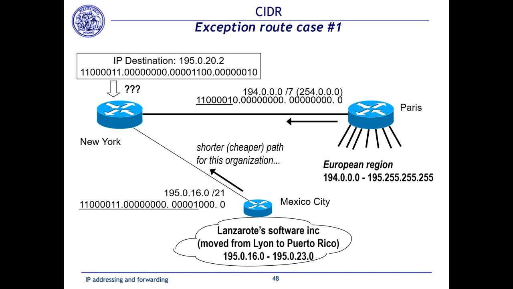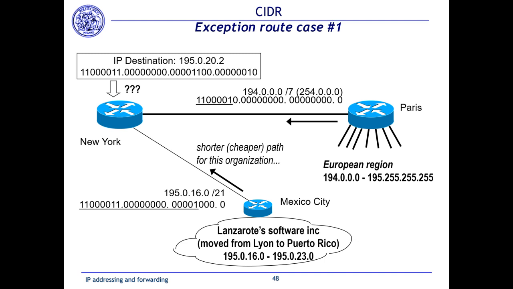So when the packet arrives at the router in New York, since the address belongs to the block of addresses of the European region, it will be sent to Europe. Once it arrives there, there must be some way to send the packet to the correct destination in Mexico City. So the packet has to go to Europe and then come back to America.